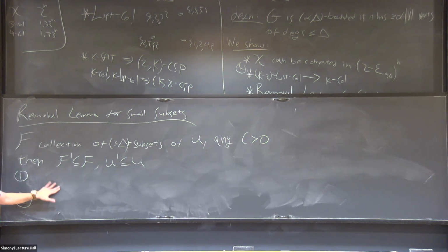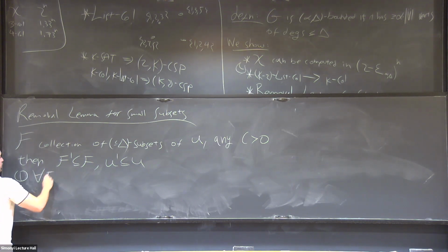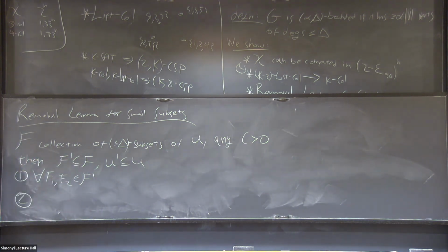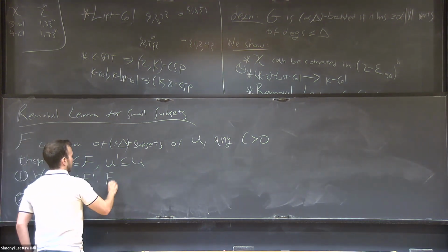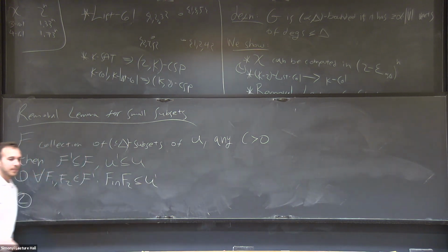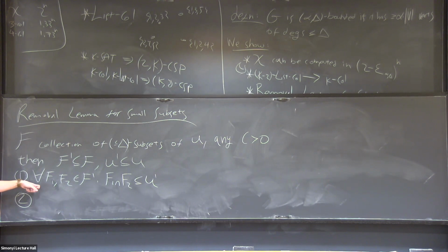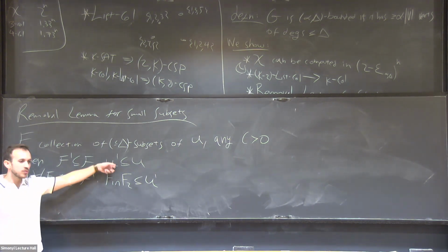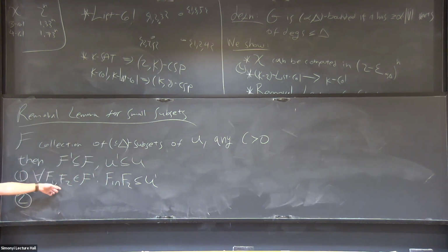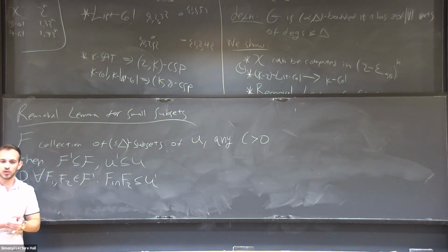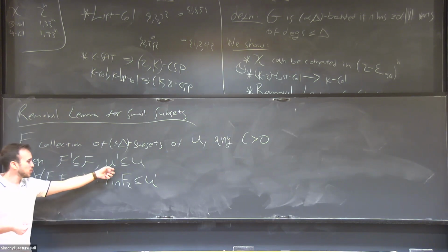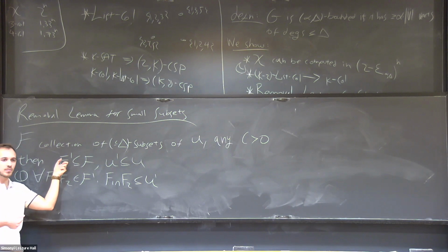The first condition: for every two sets F1 and F2 from the sub-collection F prime, the intersection of F1 and F2 is fully within U prime. We should think of this as saying that if I remove U prime from the universe and from every subset that contains it, then F prime would be fully pairwise disjoint.